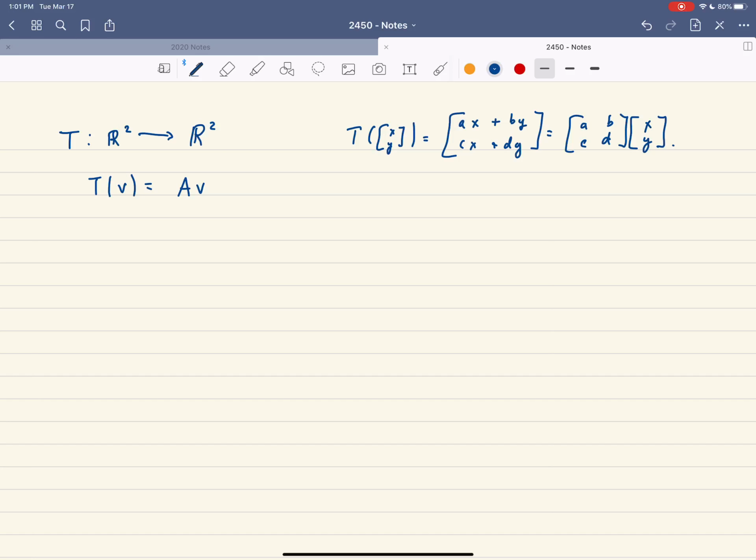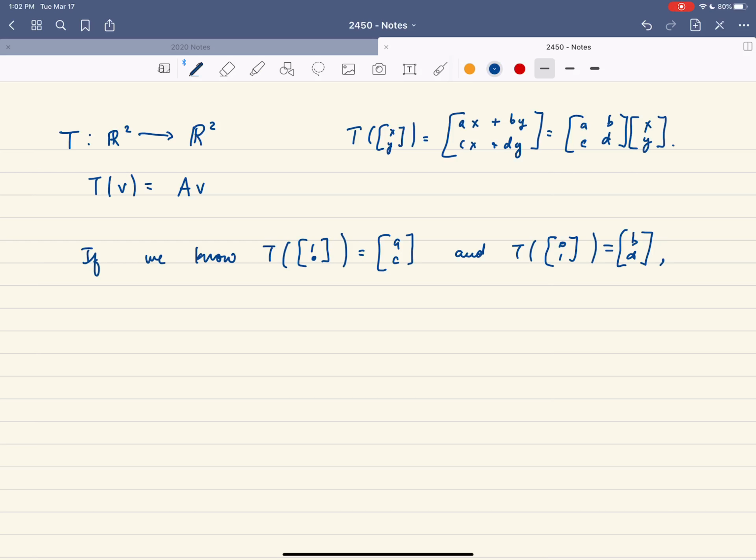What I said last time was that if we know where the standard basis vectors (1, 0) and (0, 1) are sent, so if T of (1, 0) is (a, c) and T of (0, 1) is (b, d), then this is exactly the transformation that we would get. So this is actually a two-way street.